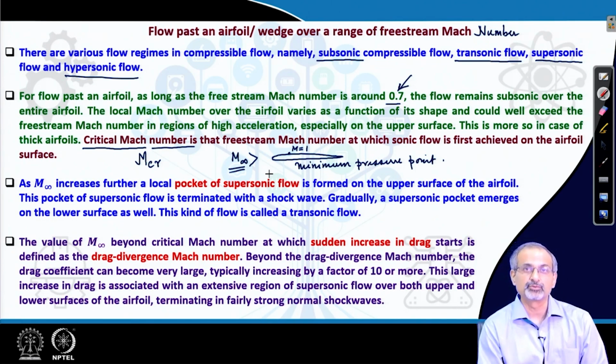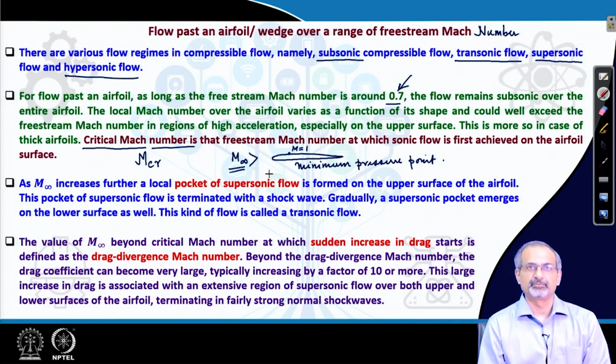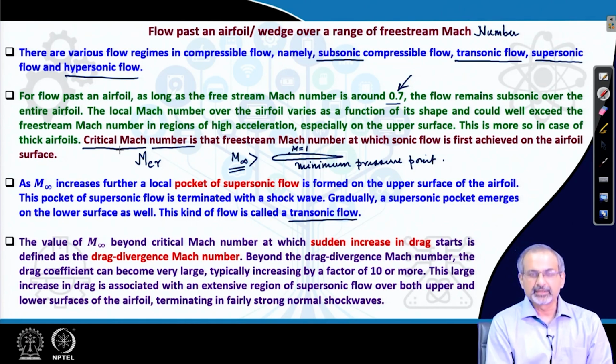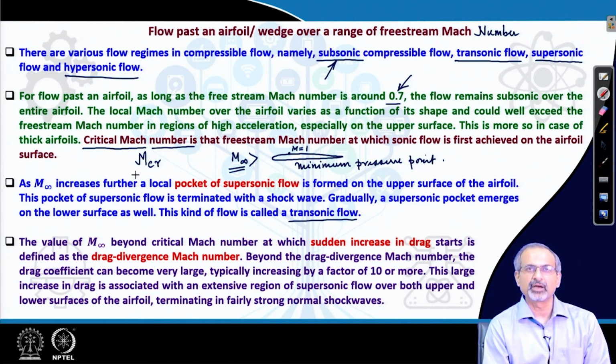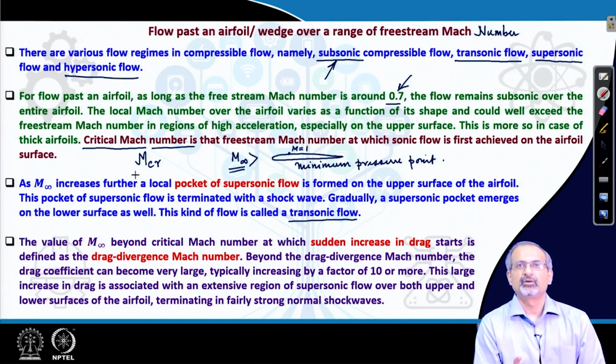There will be pockets of supersonic flow formed on the airfoil, and then you are gradually getting into the transonic flow range. So, before the critical Mach number you have a subsonic flow all over. That was this regime, and then you went into the critical Mach number and you have just a single point on the airfoil where Mach number has reached 1.